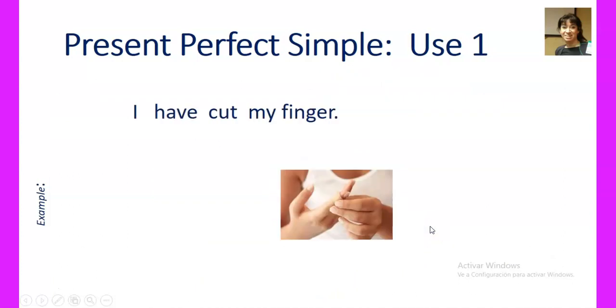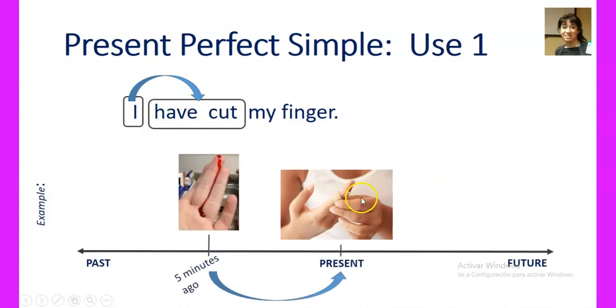Another example, I can say I have cut my finger, right? Again, I as a consequence has the auxiliary have conjugated for this pronoun. And again, this means that maybe I cut my finger 5 minutes ago, or a few minutes ago, or 1 hour ago.